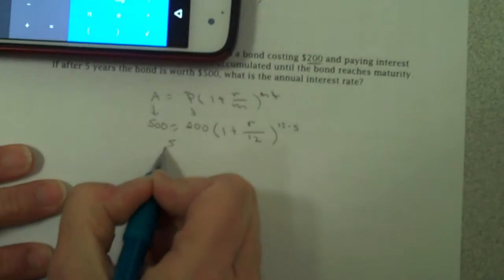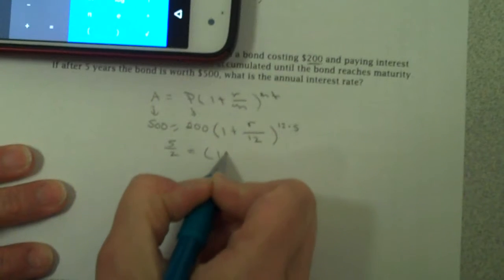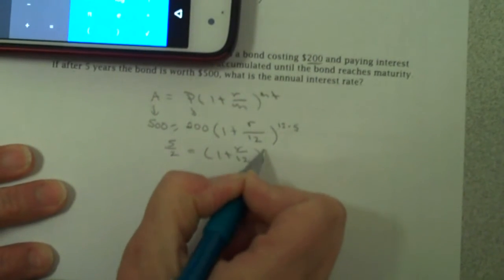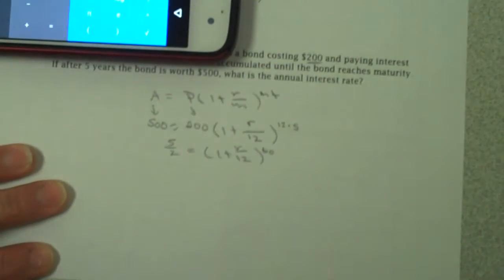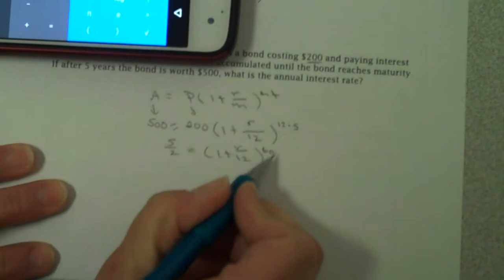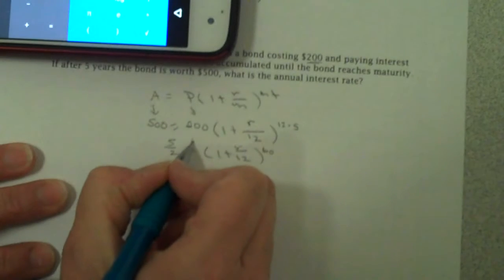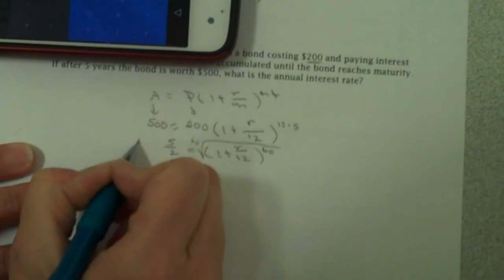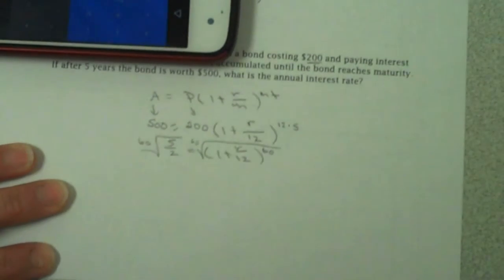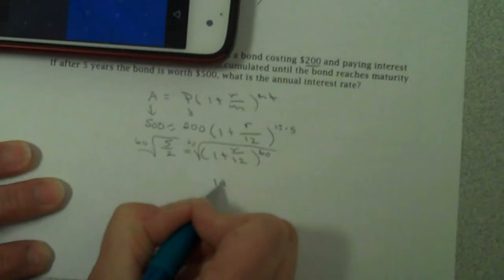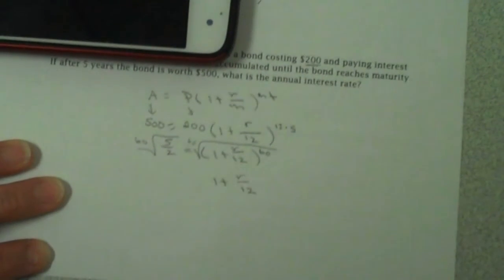So we're going to divide both sides by 200. It's going to look like this. And now we're going to have to use a 60th root to get rid of this 60th power. So we're going to take the 60th root of this side and the 60th root of this side. And that's going to leave us with 1 plus r over 12.